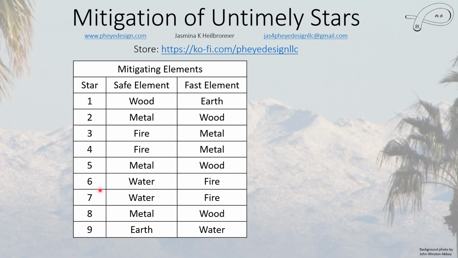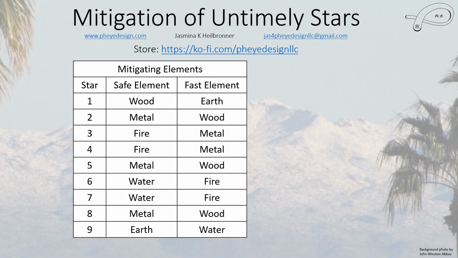And for the 2 metal stars, water weakens metal and fire controls metal. And then for the star 9, Earth weakens it because fire produces Earth, and water controls it. So if you have a single negative star, the safer version is to use this. The fast version is this. So that is very easy if you just have a single star.